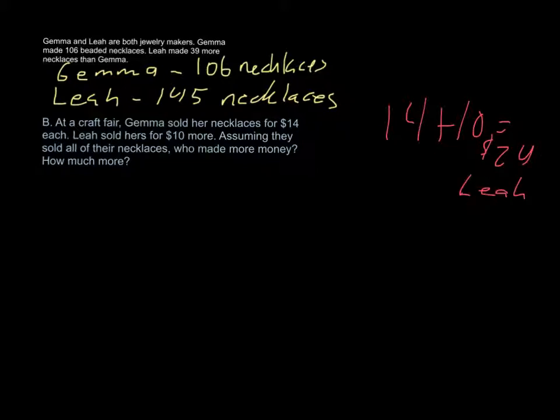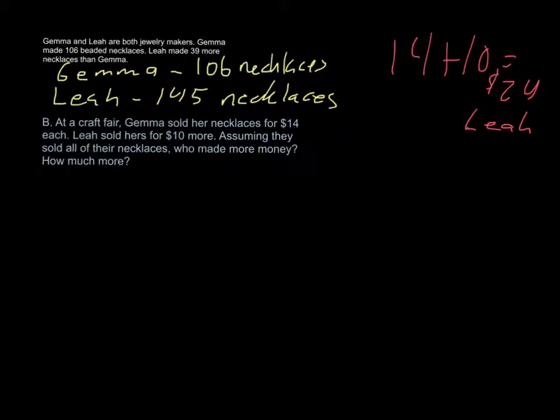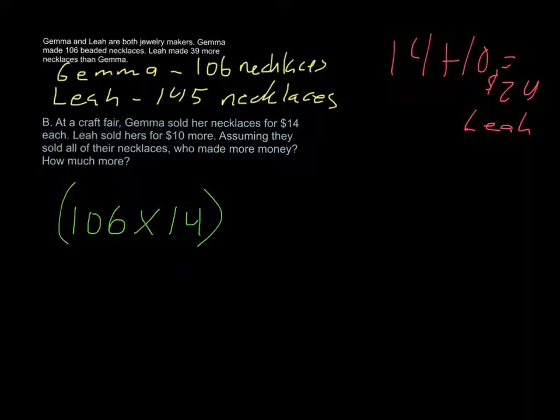I'm going to put that off to the side just so that I can remember it as I'm working on this. So, as I solve it, Gemma has 106 necklaces for $14 each. And I know that Leah has 39 more, 145 necklaces times $24.